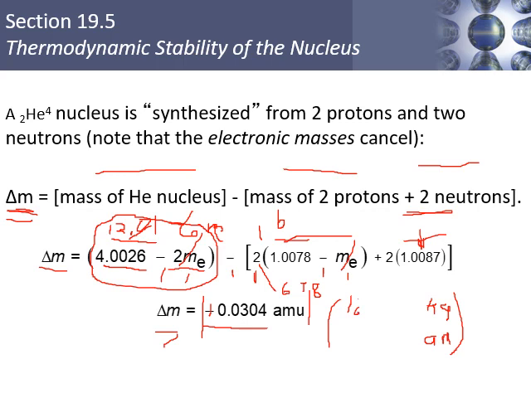I'm not going to write it all out. And then you would have a line here per 1 AMU. So multiply 0.0304 times 1.66 times 10 to the minus 27th, and that will actually give you your delta M in kilograms.